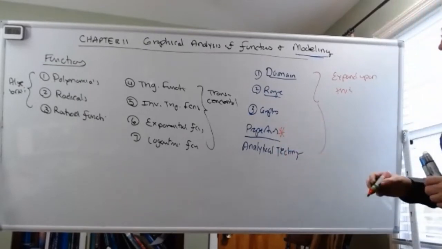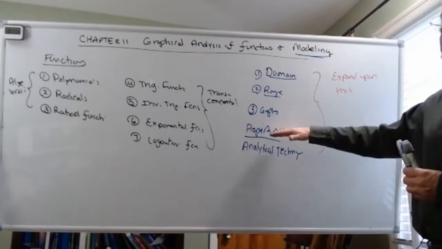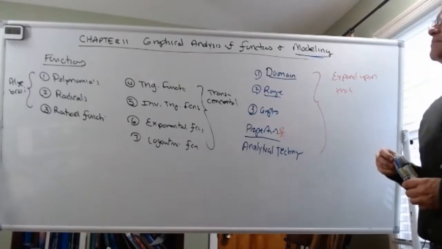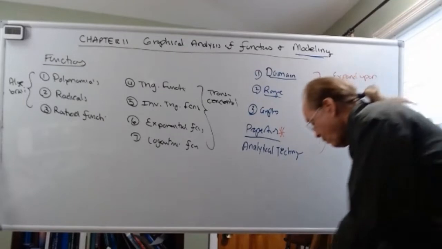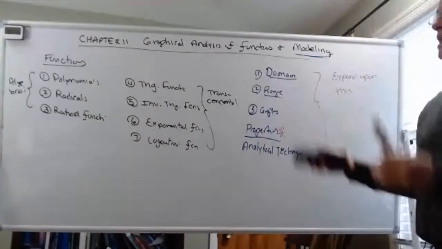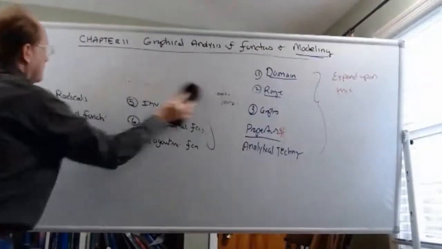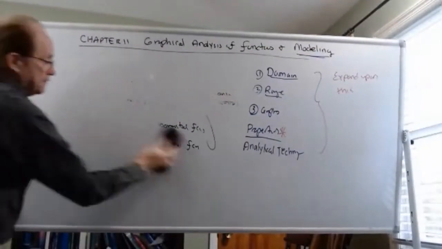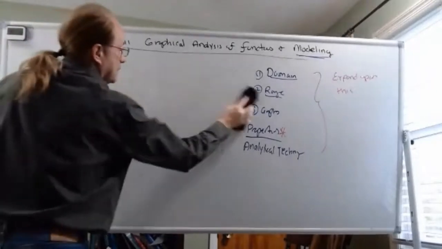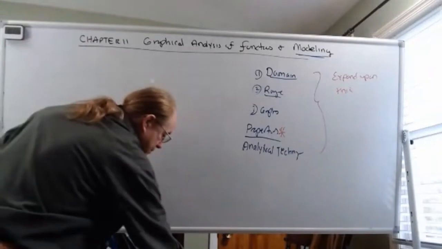Not so much with analytical techniques, because we already have most of the techniques, but some of the properties and how to recognize them. Okay, so we start in 11.1 with the first thing, polynomial functions. So 11.1 is our polynomial functions.